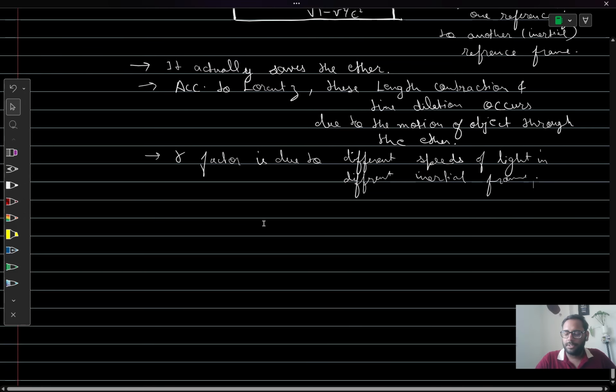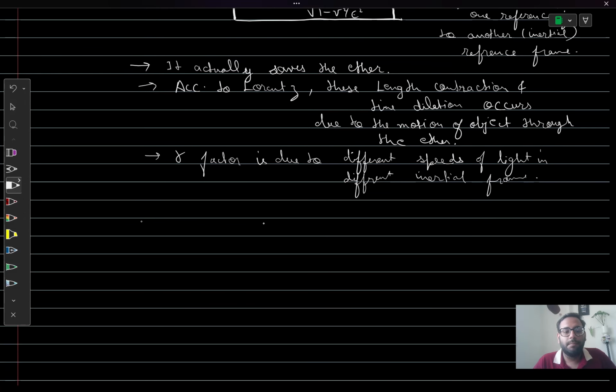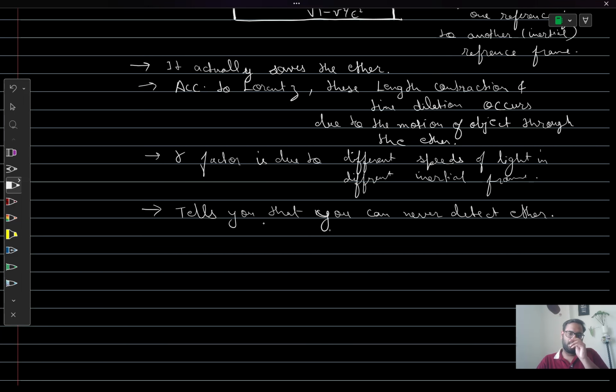Why? Because it also tells you that you can never detect ether.